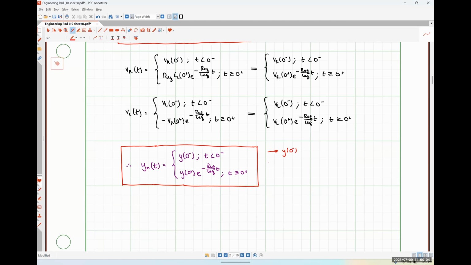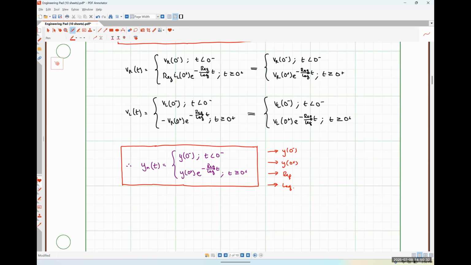Y at 0 minus, Y at 0 plus, REQ, and LEQ. If we can figure out those 4 pieces of information, we can solve for any current or voltage in an RL circuit that is undergoing a transient condition.